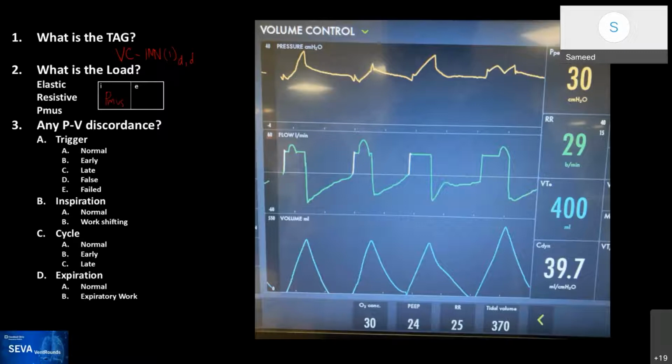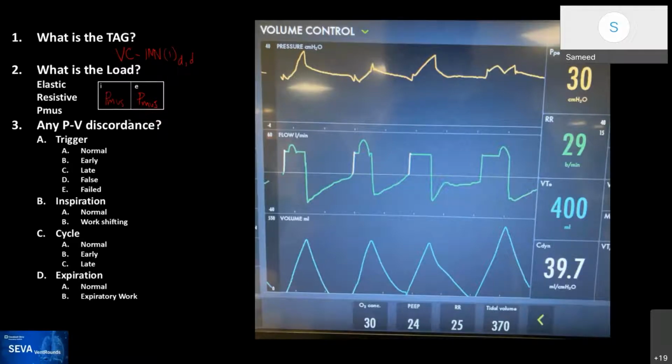The 3rd breath doesn't seem to show that, but predominantly I would say Pmus. In the expiration phase, the decline is not very linear. It's not smooth, and at least in the 2nd and 3rd breath, I can say for sure that there's some sort of Pmus where there is this positive deflection that would explain patient effort. So Pmus predominantly would be my expiratory load.